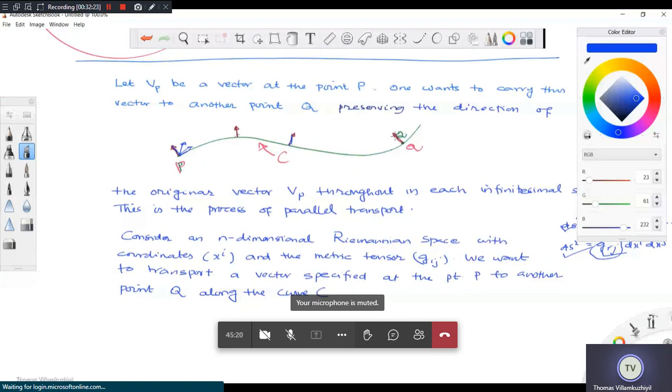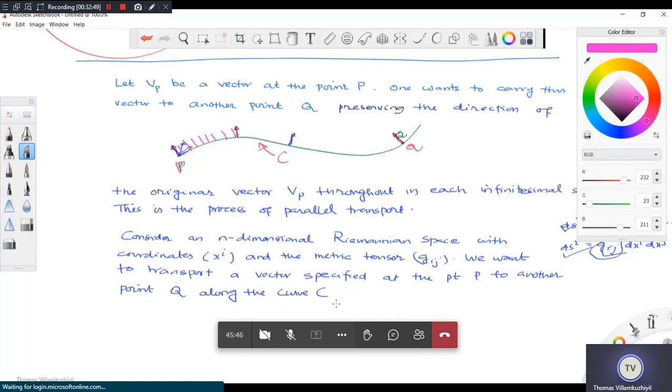That is what I was showing. If I am moving parallelly, then here it should be parallel, it will go like this, parallel to this one. I did not show this parallel one. But I want to move it parallelly along the curve C.